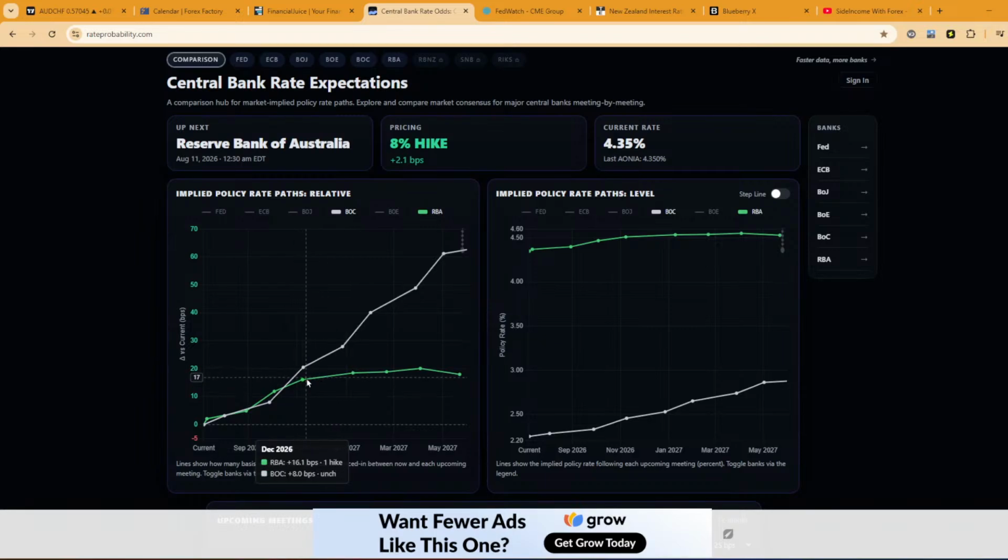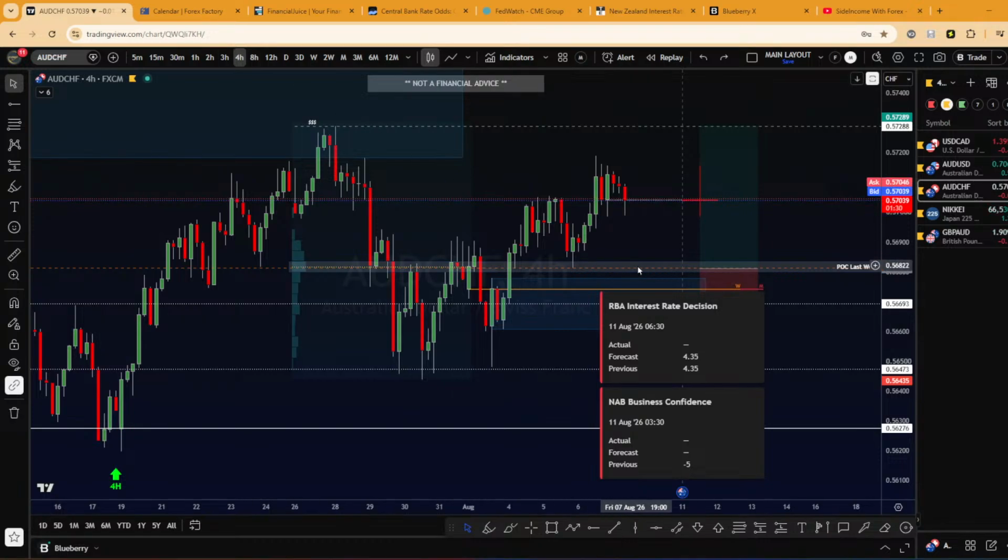This represents the projection of the policy rates from the RBA, and in white this represents the projection from the Bank of Canada. So currently the projection is still strong for both central banks, but the interest rate of the Australian dollar is stronger than the Canadian dollar. So I think we still have some room.